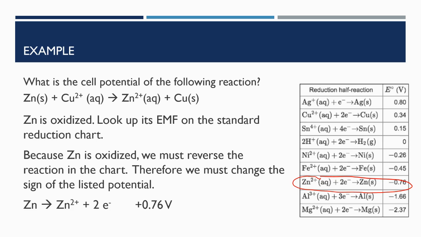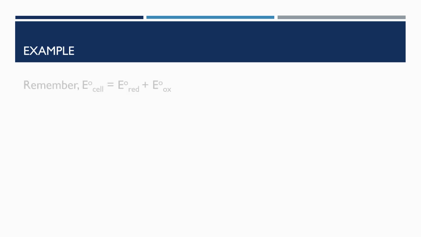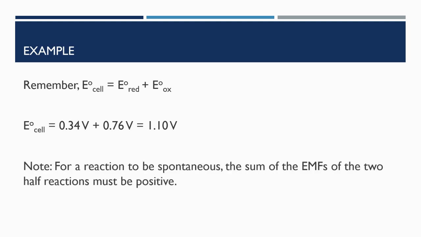And so in this case, the substance that really doesn't want to be reduced is the substance that will be oxidized. So we add these two voltages together, the one for the reduction, 0.34 volts, and the one for the oxidation, 0.76 volts, and we get the overall cell potential of 1.10 volts. So this reaction will produce 1.1 volts. So if you had something that needed to be powered by 1.1 volts, this cell would allow you to do that. Again, for a reaction to be spontaneous, the two voltages, the two electromotive forces, have to add up to a positive number.